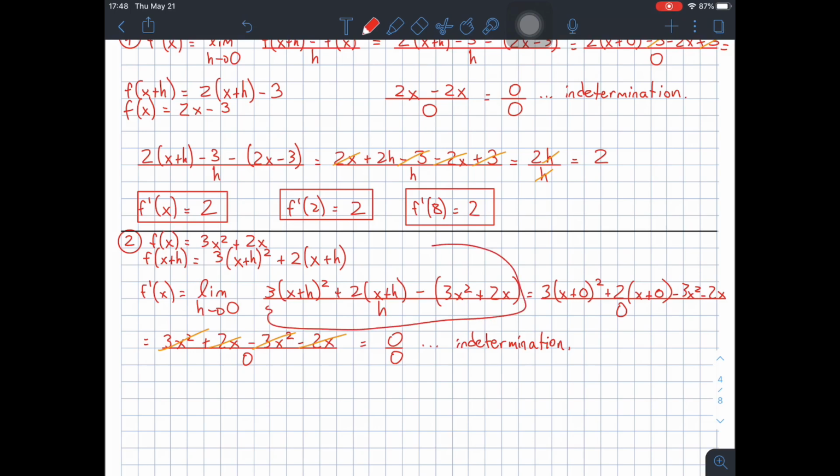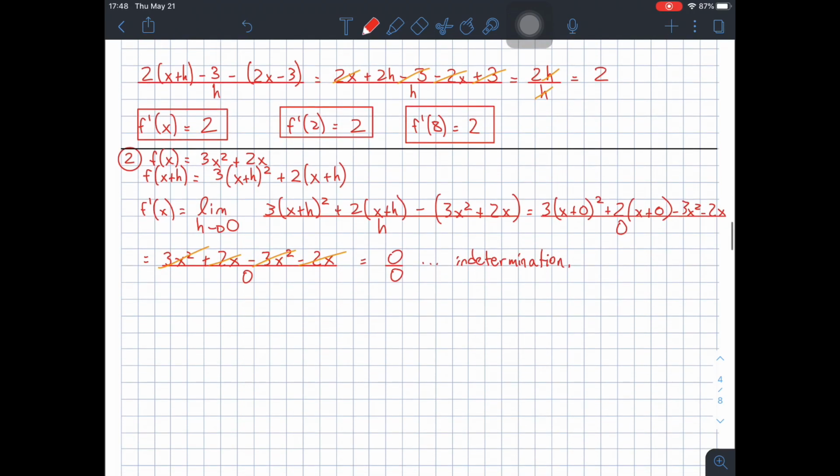So what we can do here is, just as we did in the previous example, expand this and try to see what happens. If I expand this expression, we're going to have 3 times (x squared plus 2xh plus h squared) plus 2x plus 2h minus 3x squared minus 2x, all divided by h.